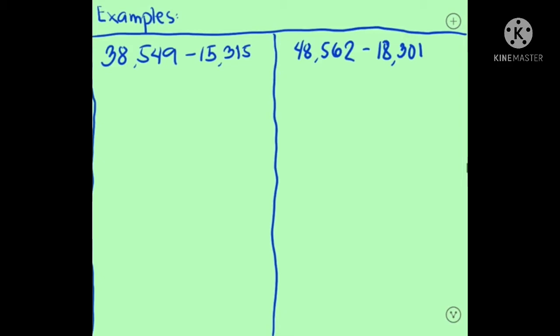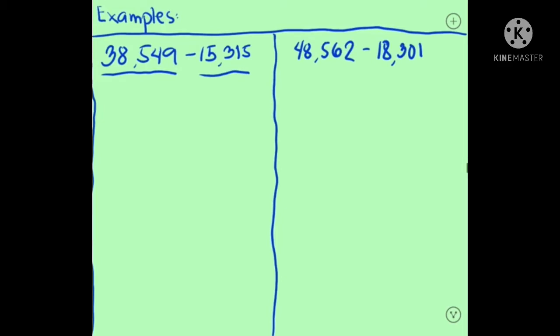Okay, so we have here the first number, 38,549. Correct? This is what we call the minuend. Am I right? Okay. Minus 15,315. So, again, our first step on solving some numbers is we need to line them up.